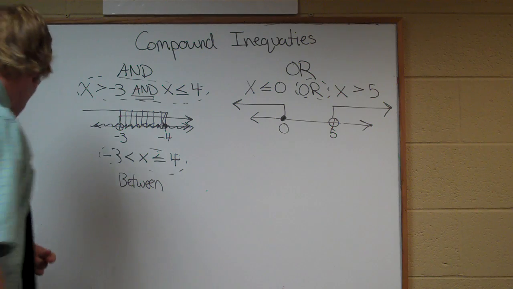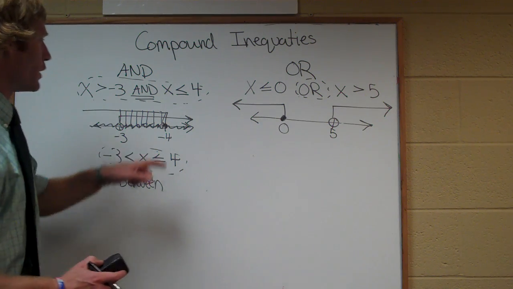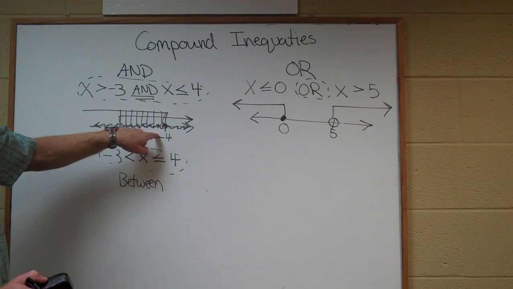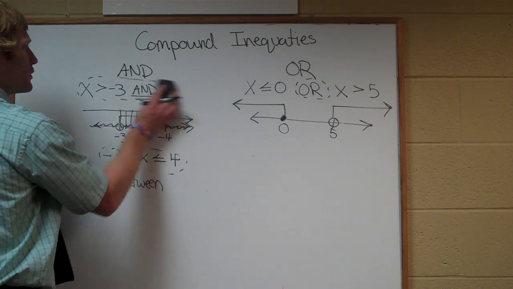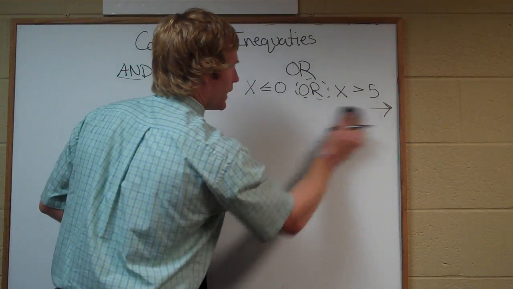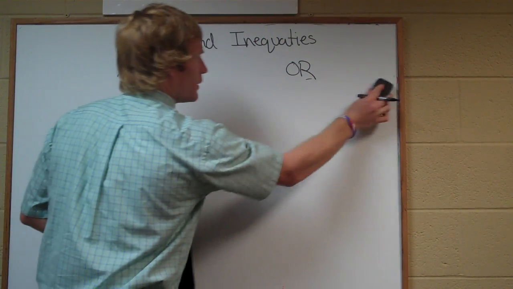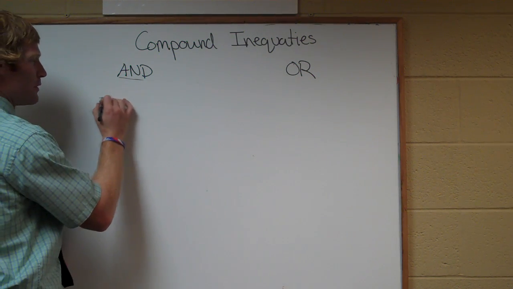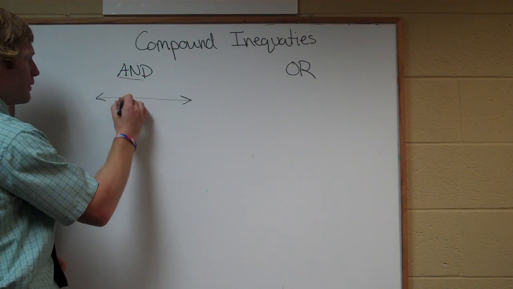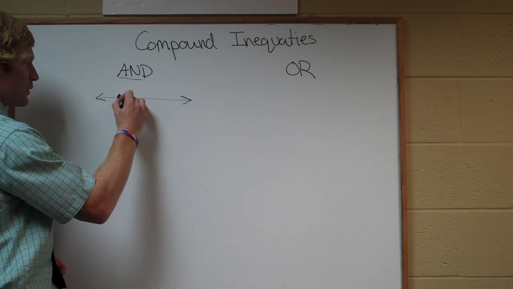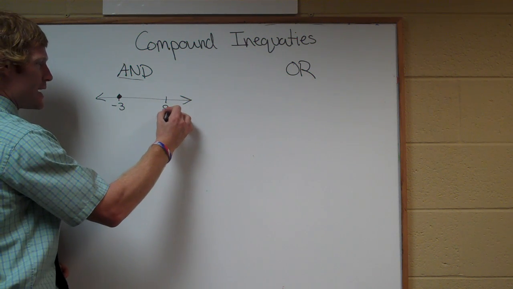So a couple situations you're going to look at is one going from the inequality, representing it on a graph, and then vice versa. So let's look at one example of an and statement that you'll look at, and we need to write the appropriate inequality. So if we look at this, we have a number line, and we've got a value of -3 and closed circle, and then a value of 8.